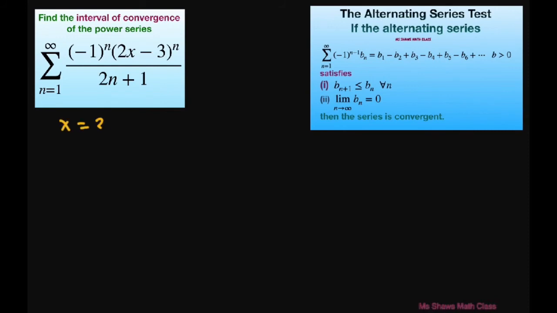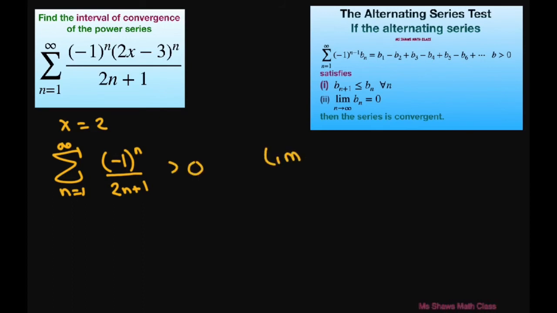So at x equals 2, we're going to get the sum from n equals 1 to infinity of negative 1 to the power of n divided by 2n plus 1. Now, let's see what happens. This is going to be positive. We're going to have b sub n equal 1 divided by 2n plus 1. So the limit as n approaches infinity of 1 divided by 2n plus 1 does equal 0.